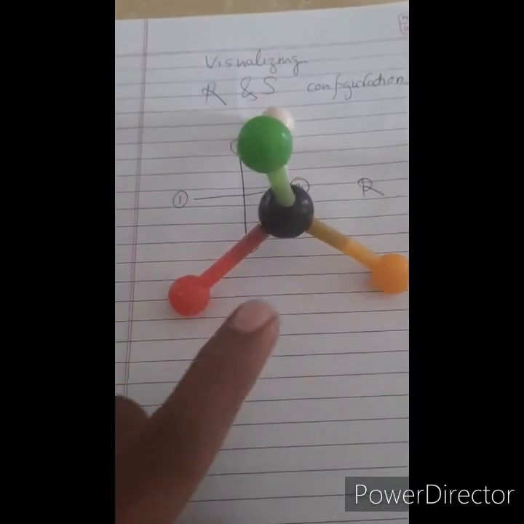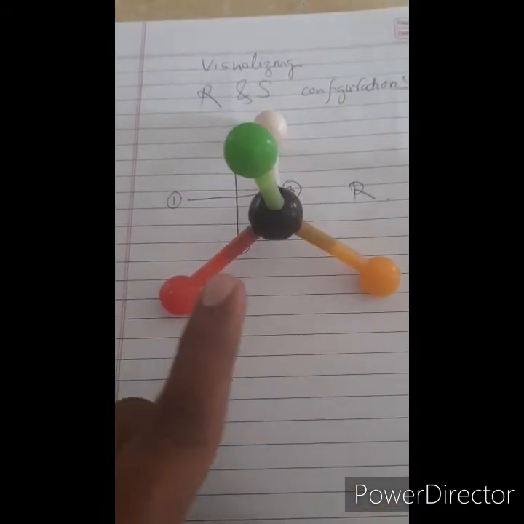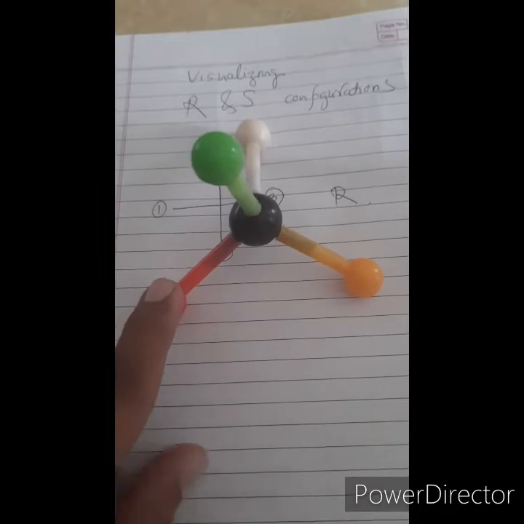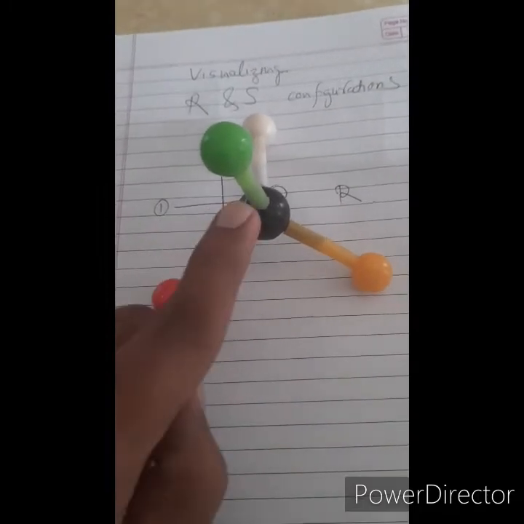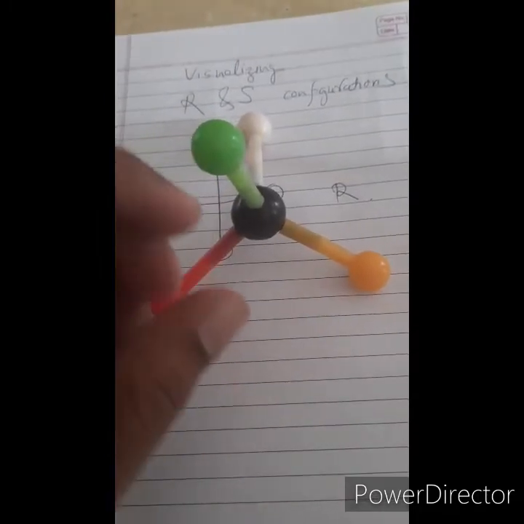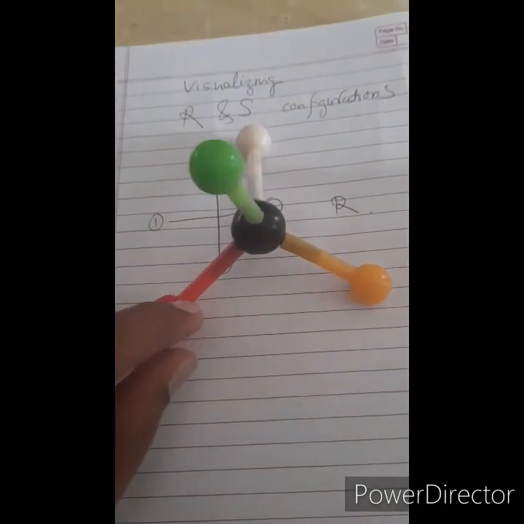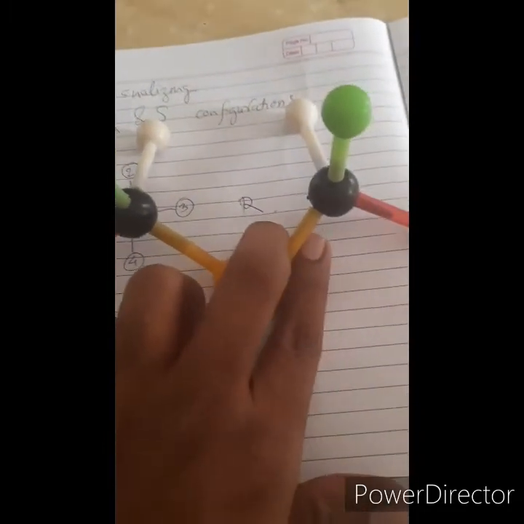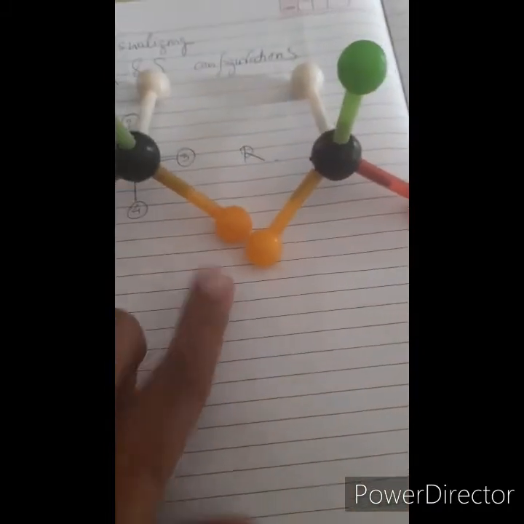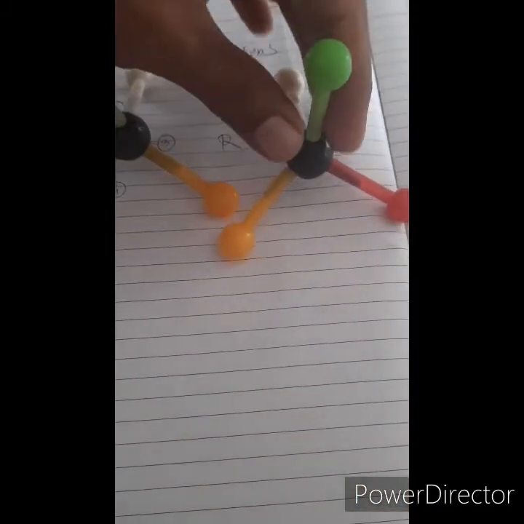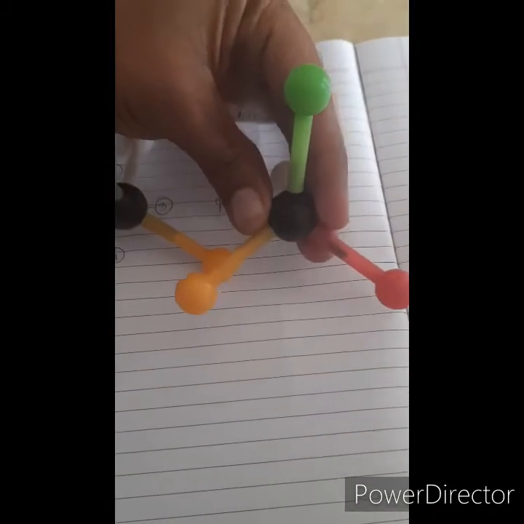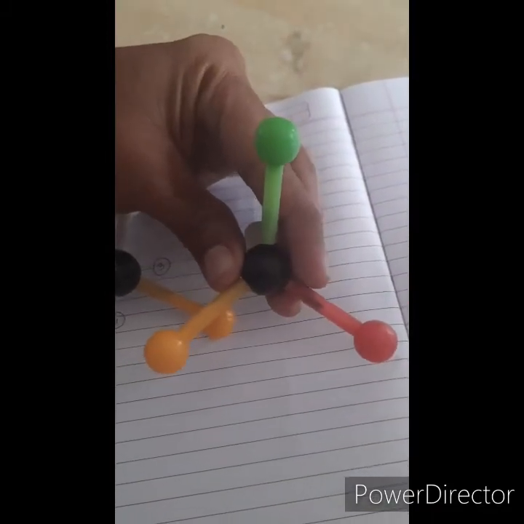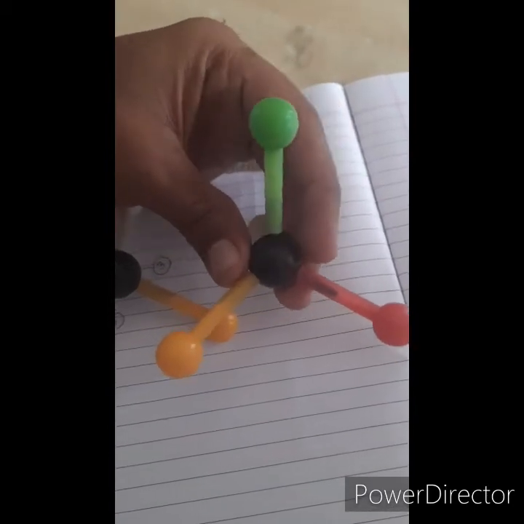Is it possible to make it left side? No, because red is on this side, and green and yellow, so I would have to break these bonds to make it happen. The simple thing is to take the mirror image of this. Now if you see the mirror image and put it like this, you can understand this is 1 red, green is 2, yellow is 3.